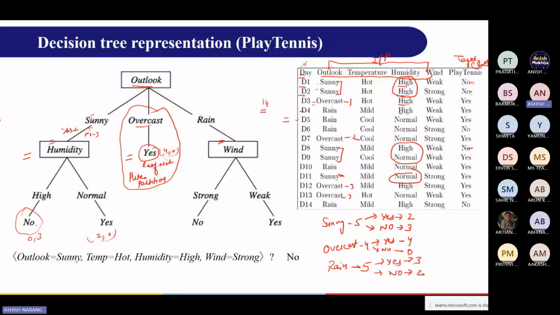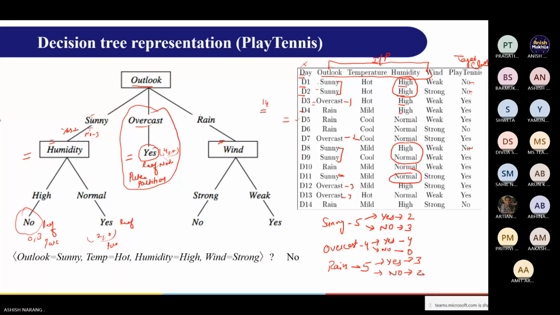This becomes my leaf node, and this becomes my leaf node. Does it make sense? Once I've reached a pure partition, I need not test any other attribute. I'm not going to test temperature or wind further here specifically.